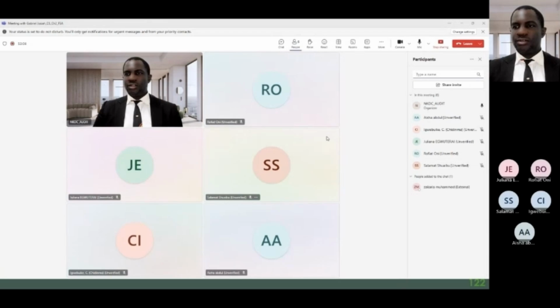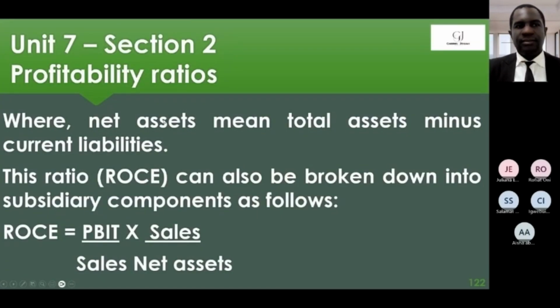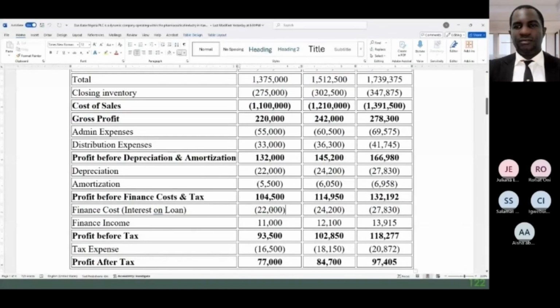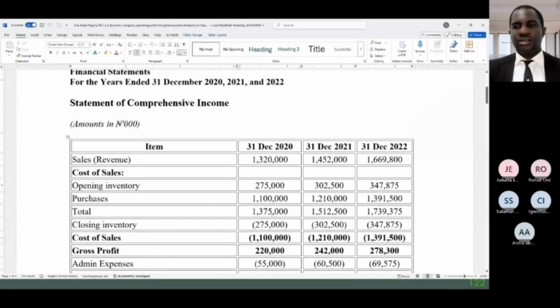Chidima is just joining us. Sorry, we didn't give her updates. Chidima, we are calculating return on capital employed. We've delved into the calculative aspect of the teaching. So we are trying out the 2021-2022 financial year calculation you can see on the screen.